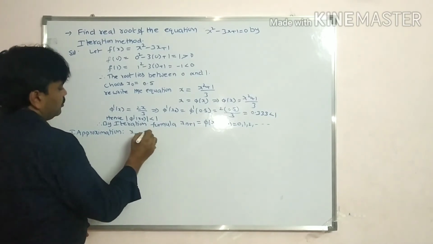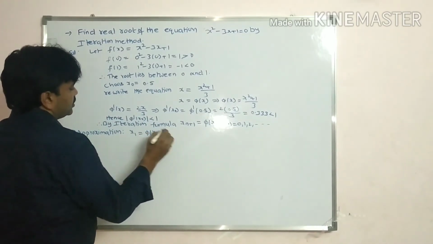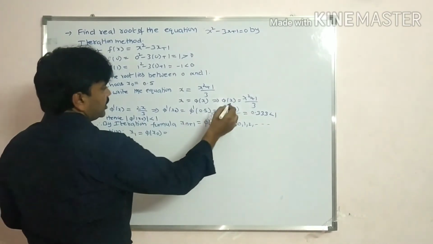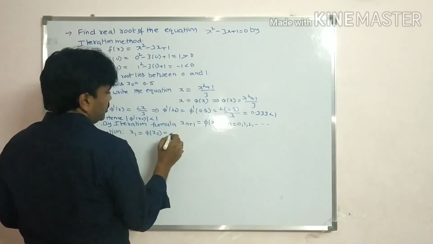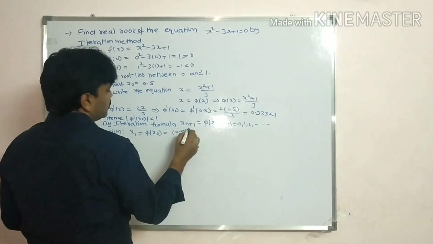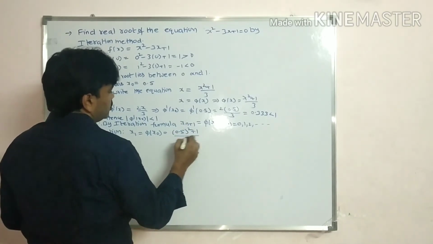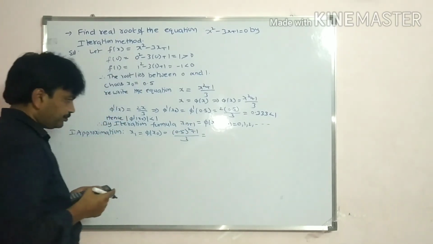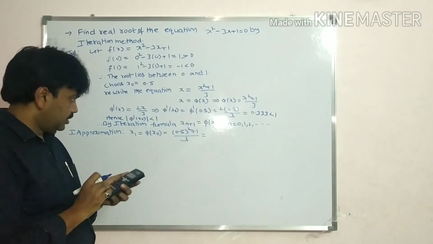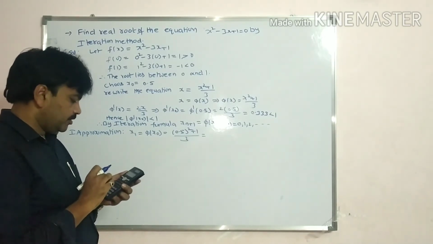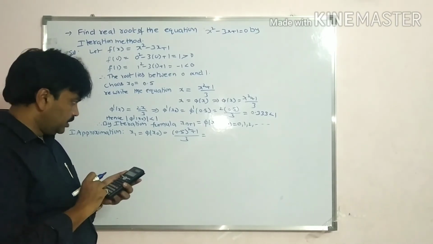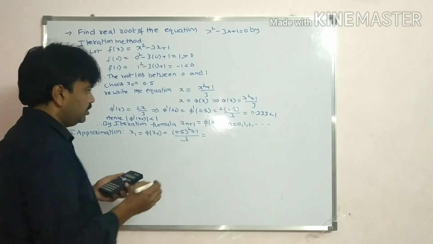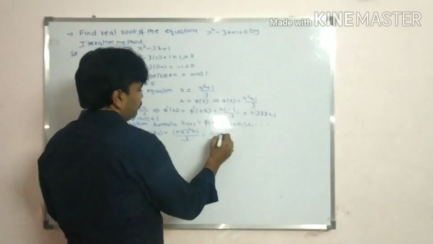Now first approximation: x1 is equal to phi of x naught. What is phi of x? X square plus 1 by 3. So phi of x naught means 0.5 whole square plus 1 by 3, students. So that is equal to bracket 0.5 square plus 1 bracket close divided by 3. I got here 0.417.